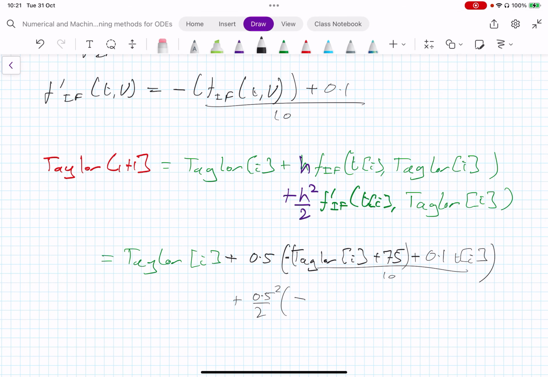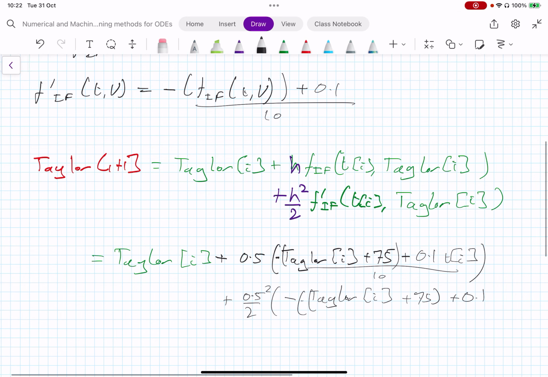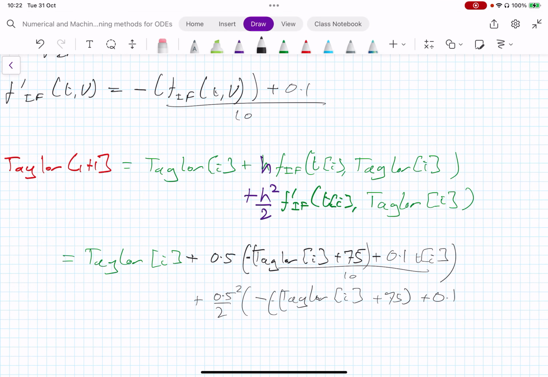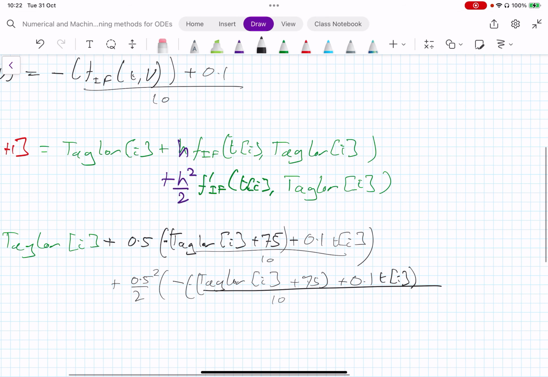And now we go back to this, which is minus all bracket Taylor minus Taylor plus 75 plus 0.1 t_i, that's that, minus all divided by 10, plus 0.1 divided by 10.